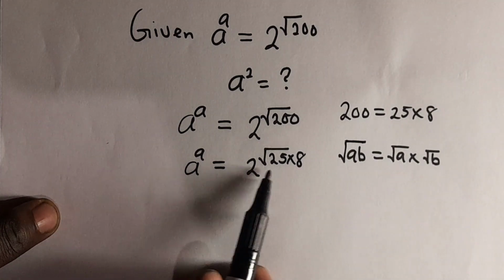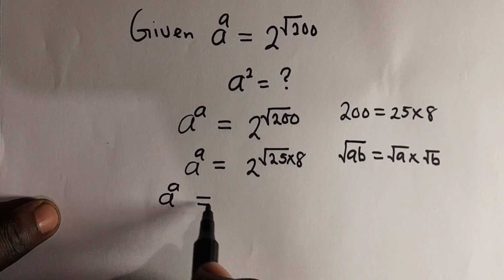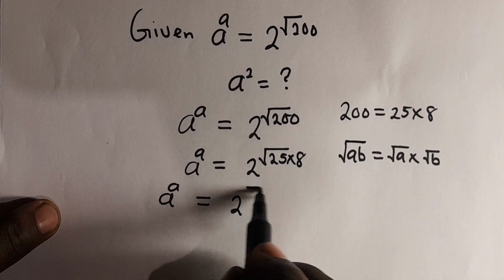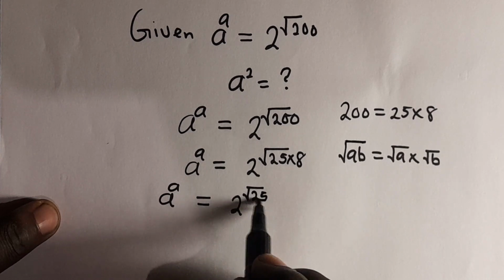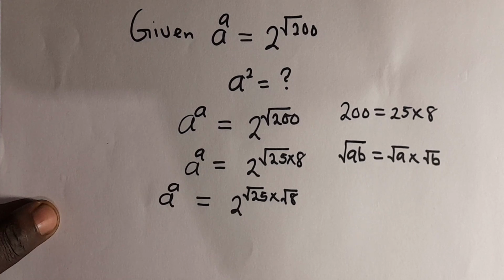So by applying that one here, we are going to have a raised to power a equals 2 raised to square root of 25 multiplied by square root of 8.